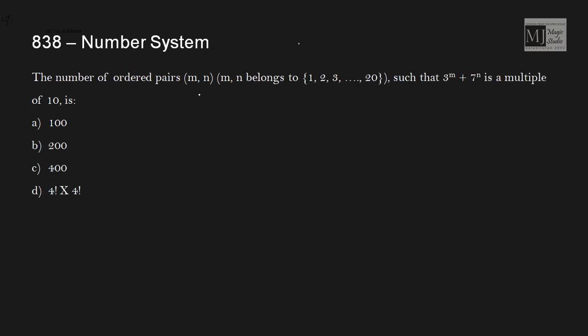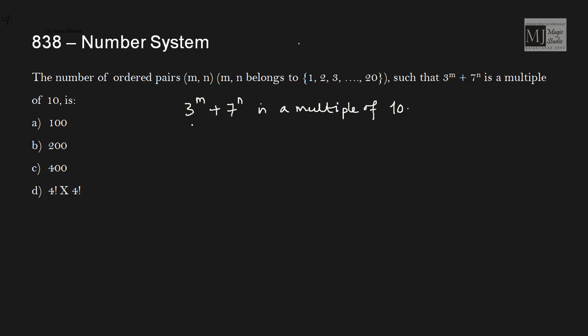The number of ordered pairs m, n such that m and n belong to 1 to 20 such that 3 to the power m plus 7 to the power n is a multiple of 10. Okay, if I put m equals 1 and n equals 1, I get 3 plus 7, that gives me 10.